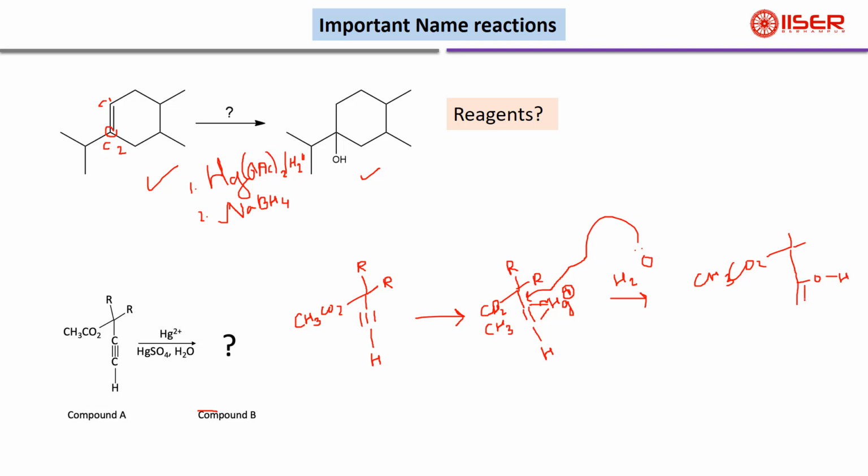The next step, after that, as this is the enolic OH, it will undergo tautomerization.